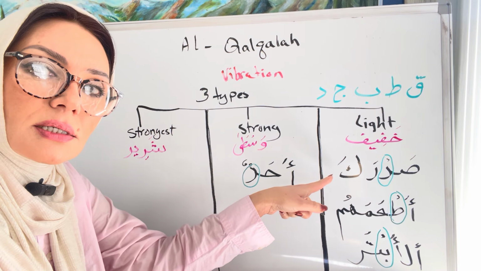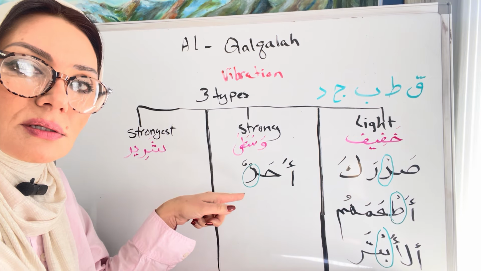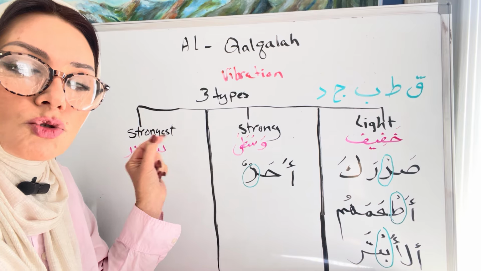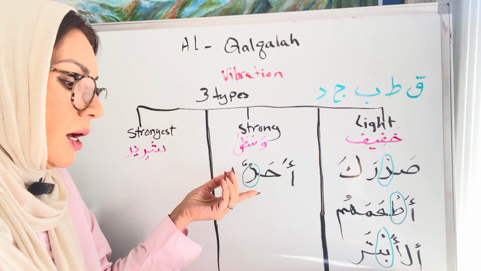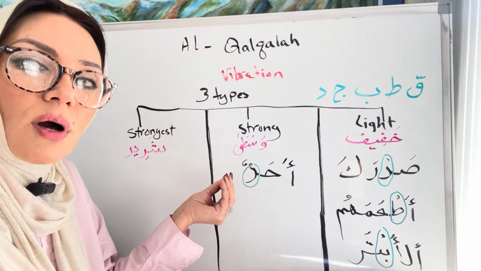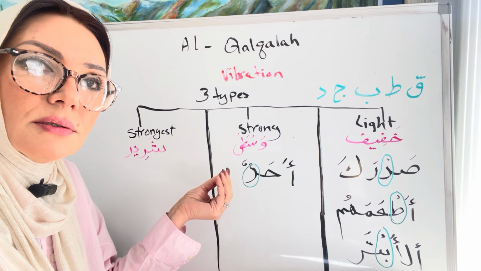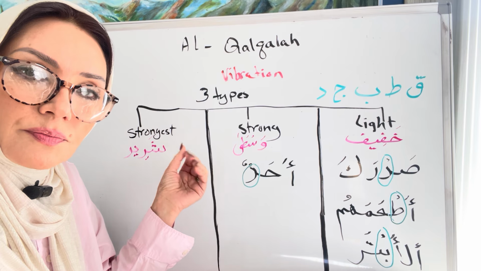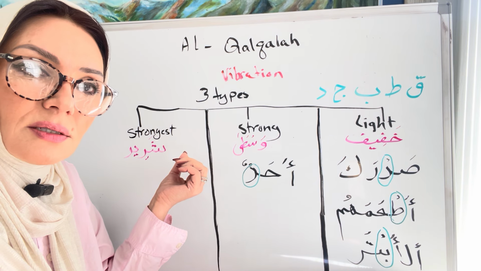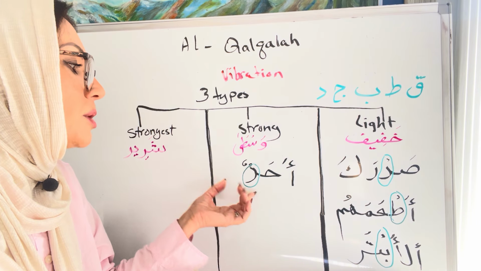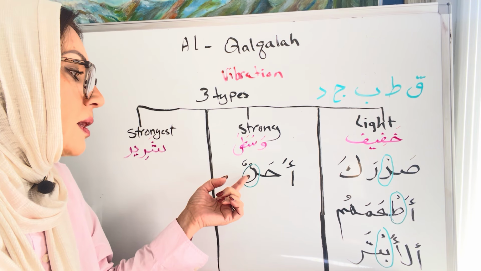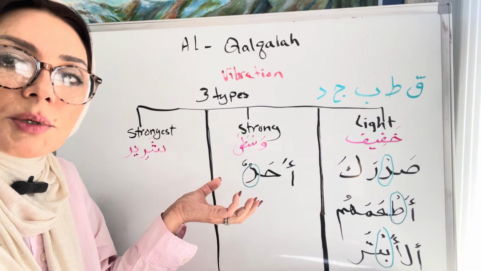It's not as light as when we were reading these, but this dal becomes a little bit stronger. Okay, so like, Qul huwallahu ahad, ahad, right? That's how we stop on it. Ahad. That is wusta qalqala because it's at the end, and then it's pronounced a little bit heavier.